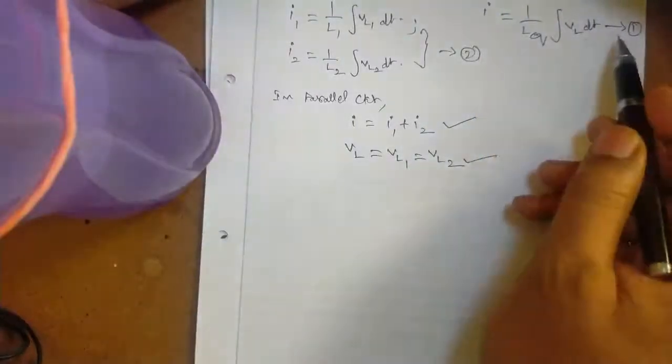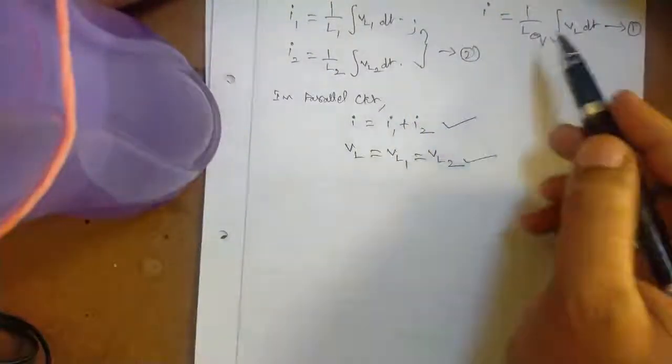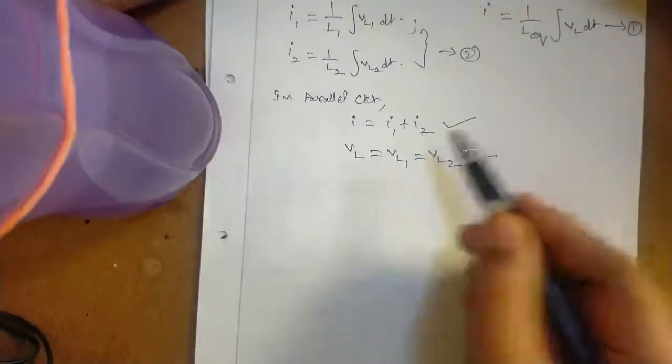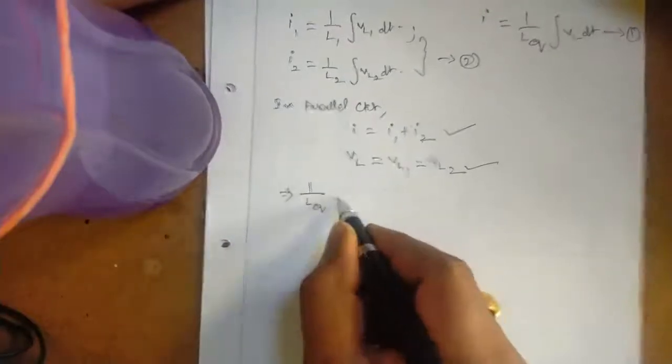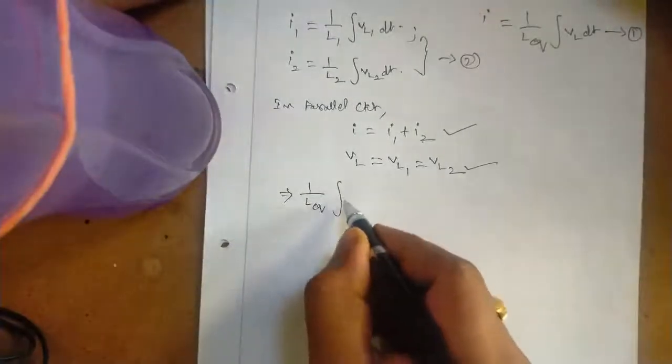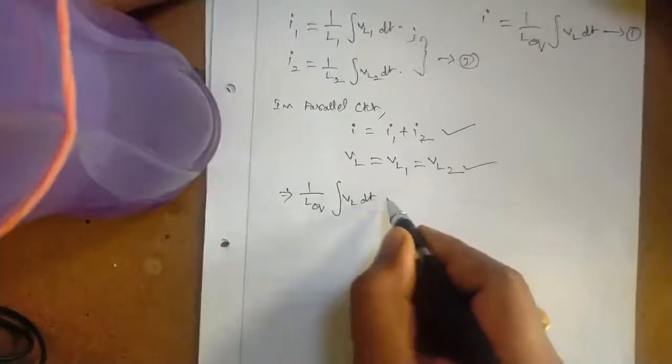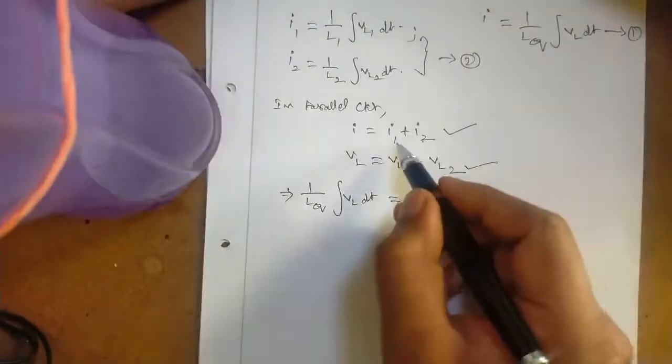Now substitute these two expressions in this expression. In place of I, we may write 1 by L equivalent integral VL dt, that is equal to, next, what is I1?